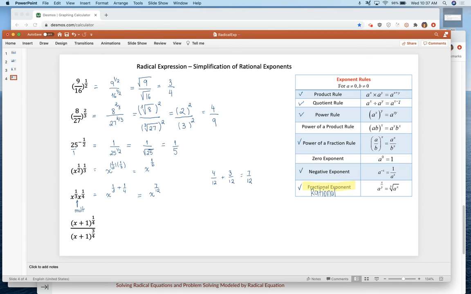I subtract the exponents. So I write the base x plus 1, and I subtract the exponent of the numerator minus the exponent of the denominator.